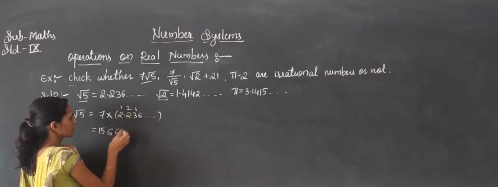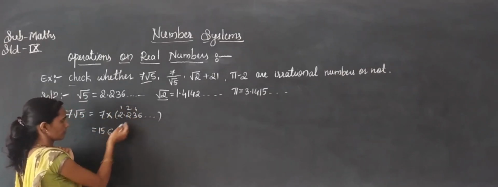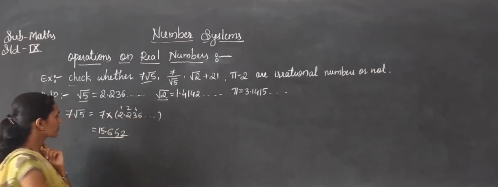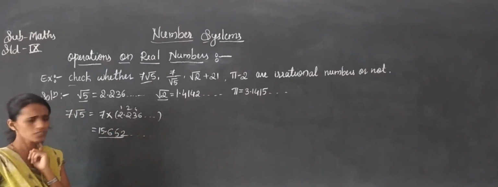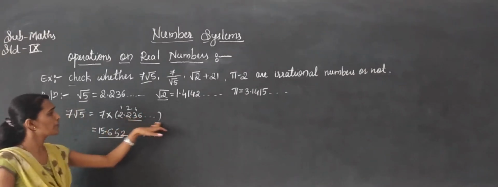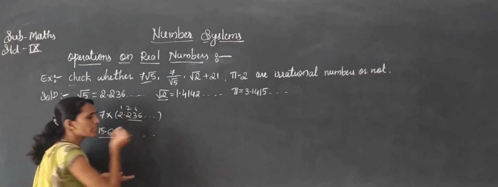After 3 decimals we keep the decimal point, because we have considered only 3 decimal digits. After that, whatever the digits are, it will continue.